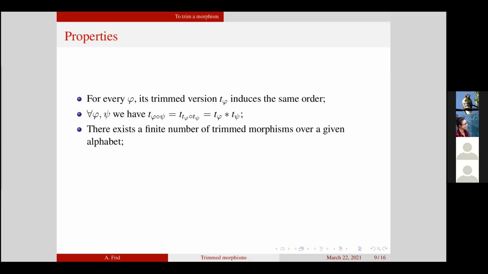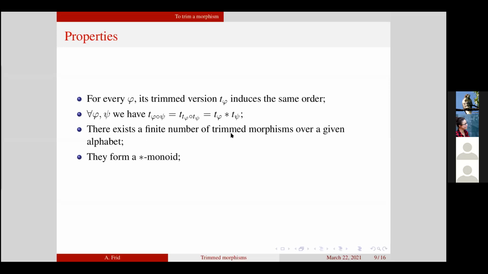We can give an estimate how many. It's a bounded number of letters for any given alphabet. So for any given alphabet, there is a finite number of trimmed morphisms. So it is a finite, but huge monoid, because there are many trimmed morphisms.